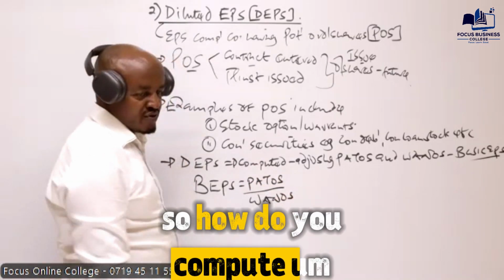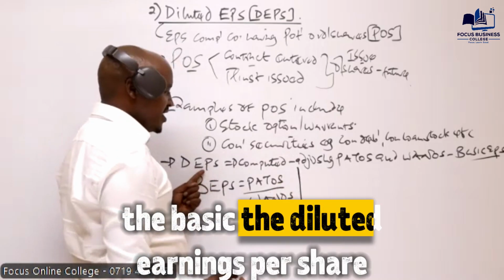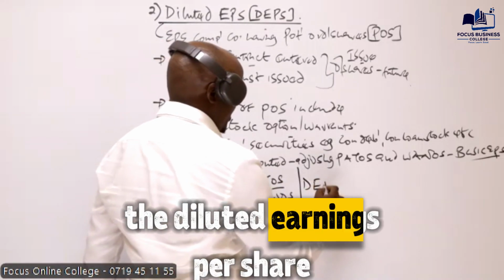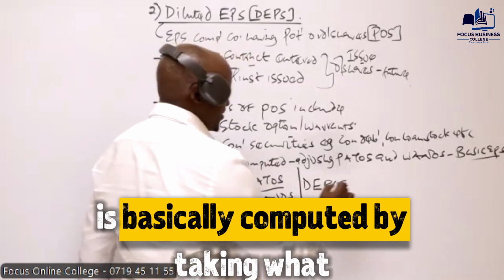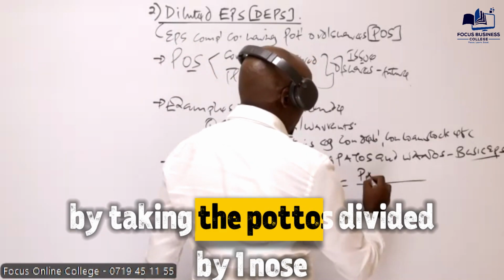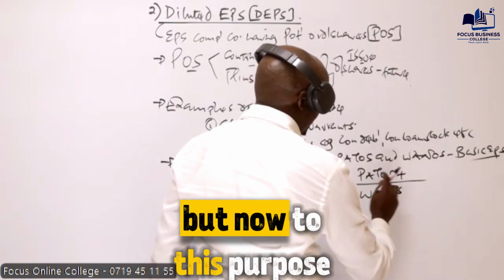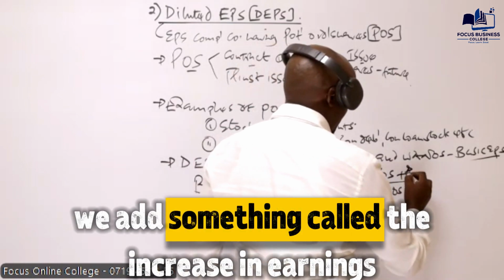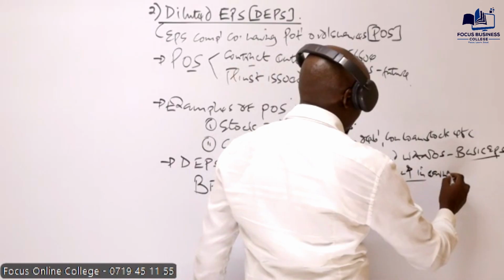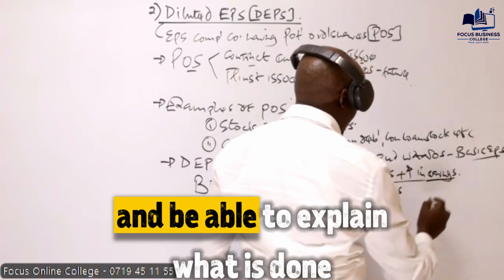So how do we compute the diluted earnings per share? The diluted earnings per share is basically computed by taking the PATOS divided by one-offs. But now to this PATOS, we add something called the increase in earnings, and I will explain what that is.